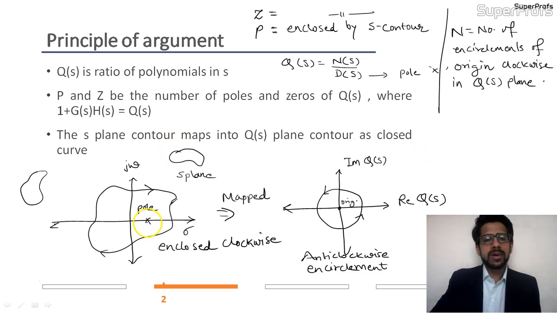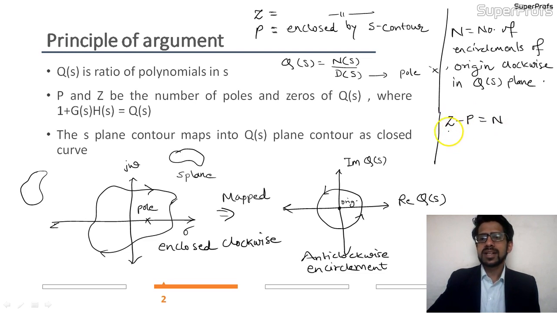Now if for a particular zero the S-plane contour goes clockwise, then you get one encirclement clockwise for the Q of S plane around the origin. For a pole, if there is a clockwise enclosure in the S-plane, you get an anti-clockwise rotation around the origin. So you get the equation as Z minus P is equal to N, right?